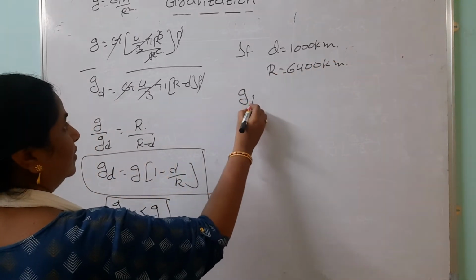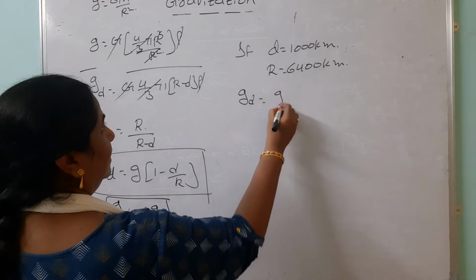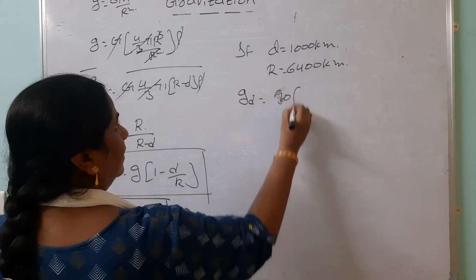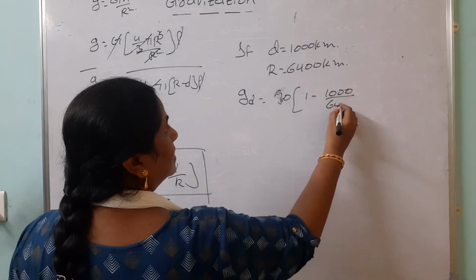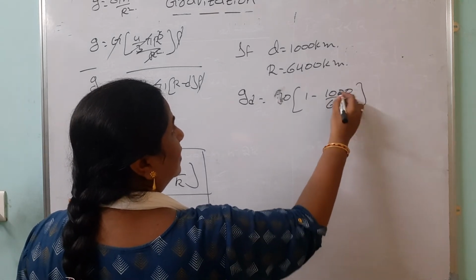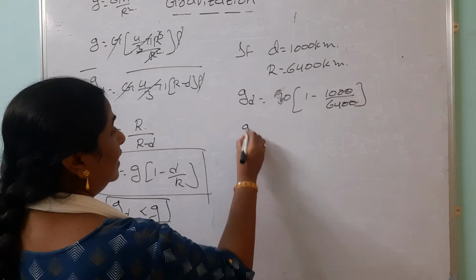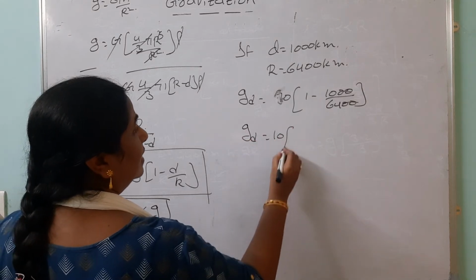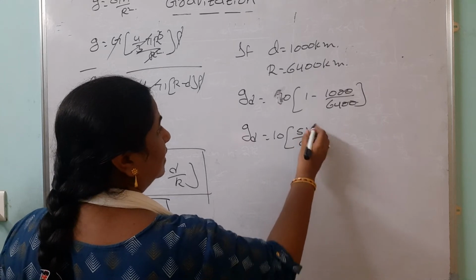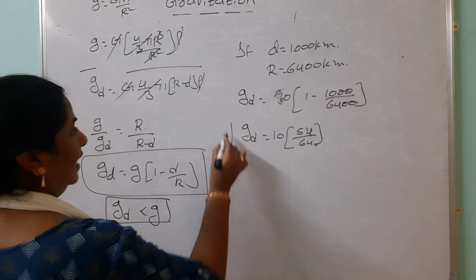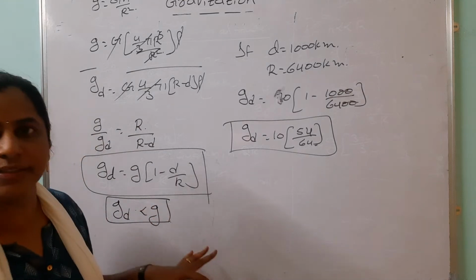Then how to find the variation? We take g value as 10 into 1 minus 1000 by 6400. After simplification, you get g_d equals 10 into (64 minus 10) that is 54 by 64, like that. So after simplification you can find the variation of g with depth.